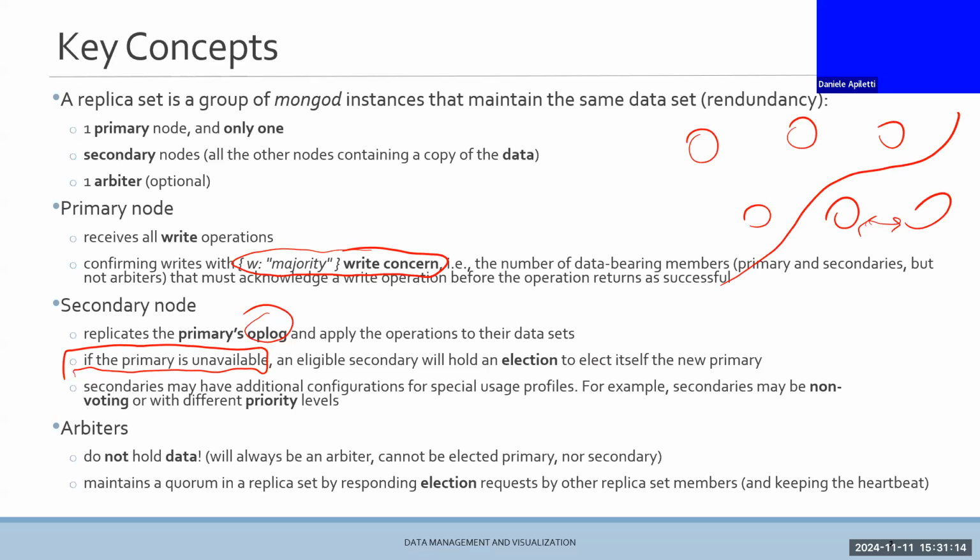They keep booking rooms, and they diverge with respect to the others. Instead, you have a minimum number of nodes that you must be aware are alive, so that you know you're on the right side of the partition. For this reason, you put the arbiters on that side so that the right side continues to operate, in case you want that kind of behavior. That maintains a quorum in a replica set. That's the idea.